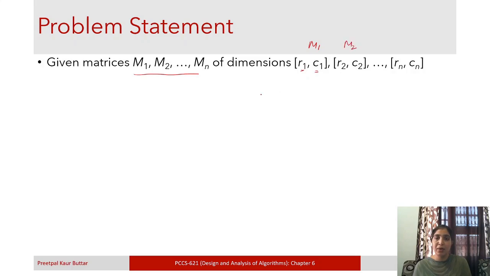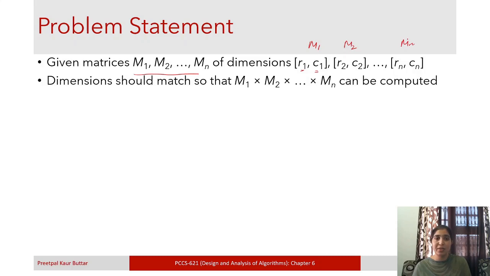Similarly, m2 has certain dimensions, mn has certain dimensions, and dimensions are such that you can compute m1 into m2 into mn. Okay, suppose you have three matrices m1, m2 and m3, and m1's dimensions are 1 cross 2, m2's dimensions are 2 cross 3 and m3's dimensions are 3 cross 4.